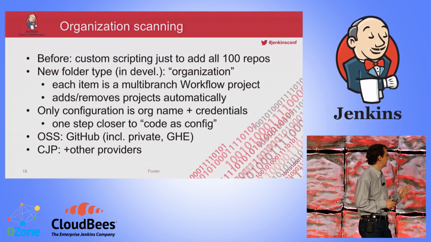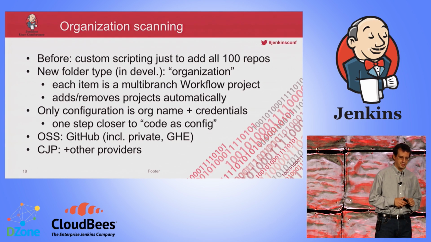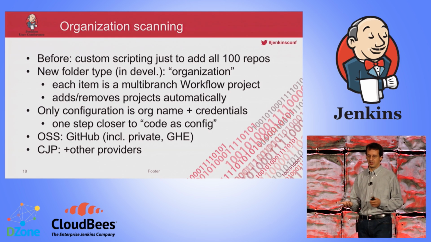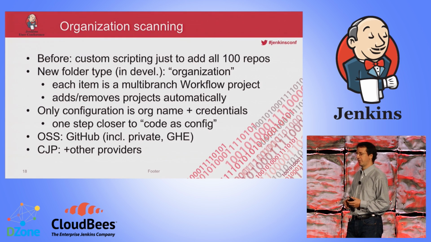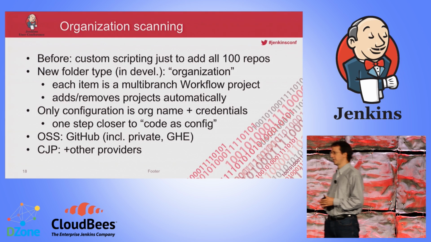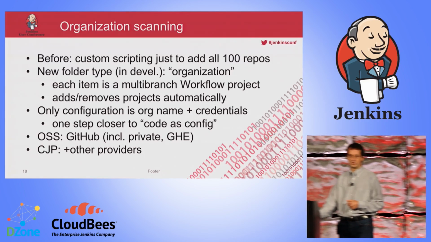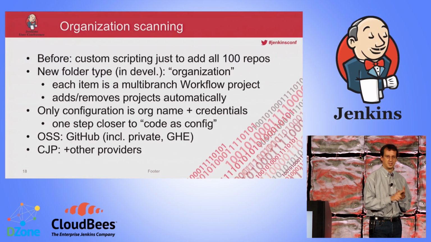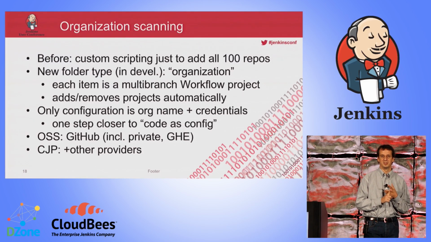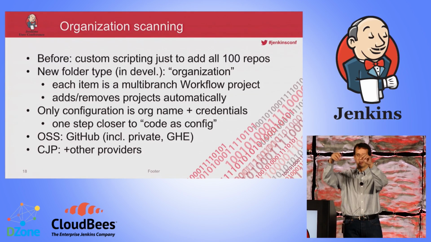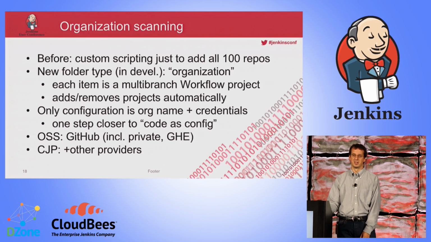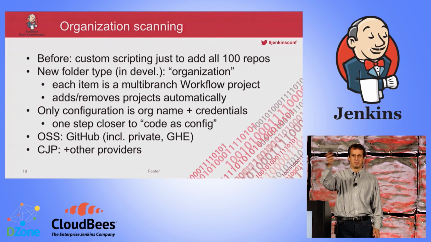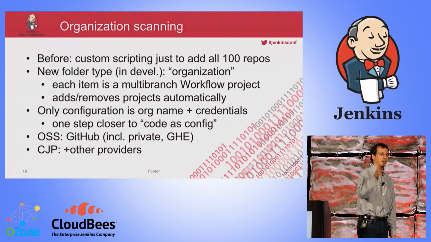So the idea is that you would go and select, say, a GitHub organization that you own, and the only things that you put into the Jenkins configuration are the name of the GitHub organization and a GitHub access token. So you go to GitHub and say, I want a new access token for Jenkins to use, and you copy it, paste in that token, and then you click go.